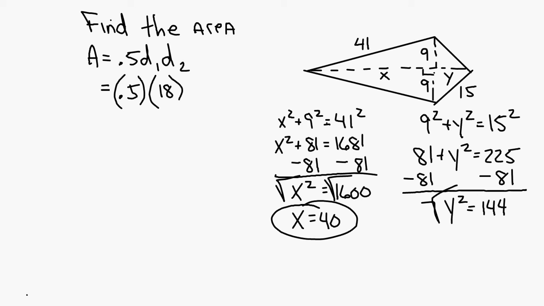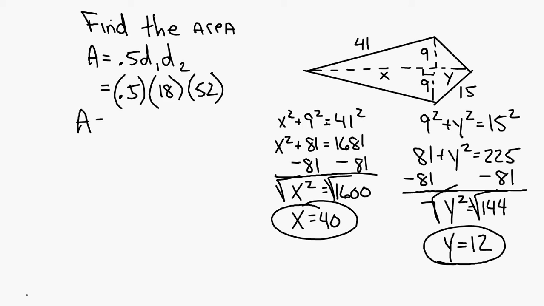Find the square root of each side, so y is equal to 12. That makes that second diagonal 52. So the area of that kite is equal to 0.5 times 18 times 52, which is really 9 times 52, right? 468.